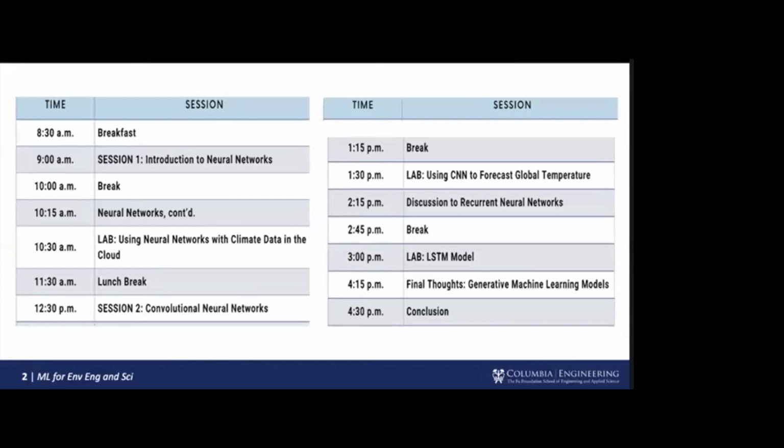The goal here is to understand the basic building blocks, how a machine learning network is built, what the mathematics behind it is, and why they are useful for Earth system models. After a short break, we will continue this discussion and move directly into a hands-on lab where you will apply neural networks to local climate data in the cloud. Whenever you have any question, just raise your hand and let me know.